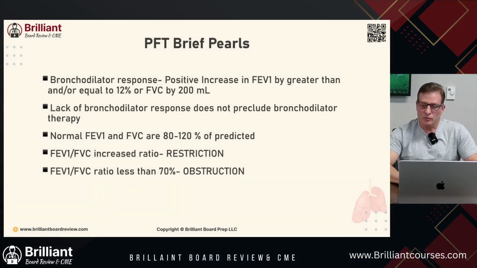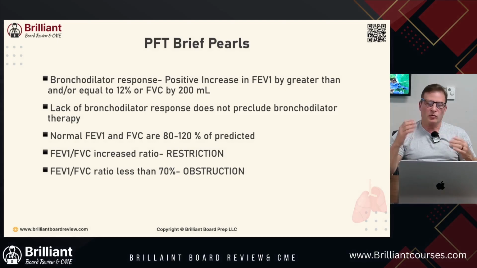All right, so let's go over some real quick intrinsic causes of pulmonary lung parenchymal disease. Remember, intrinsic means the problem is inside the lungs: idiopathic pulmonary fibrosis, COP, which is cryptogenic organizing pneumonia. What's an example of that?